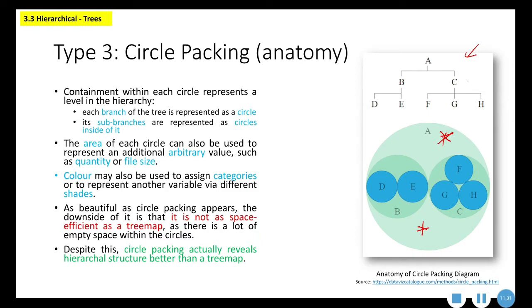Despite this, circle packing actually reveals hierarchical structure better than a tree map. Do you agree with that? You might want to compare between these representations to see which one is better to represent the structure.